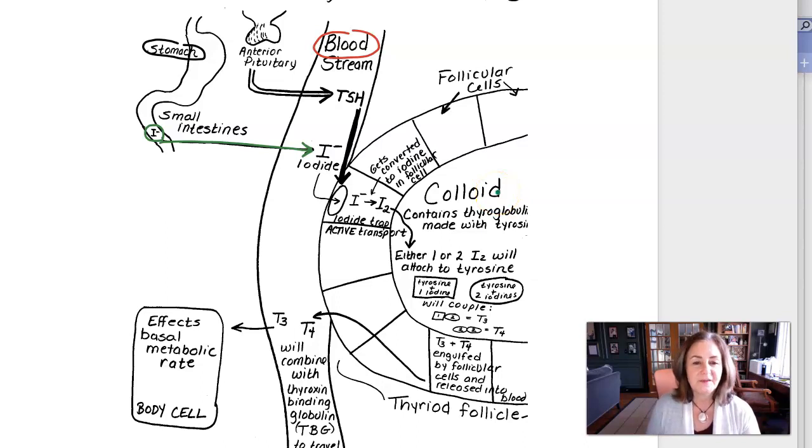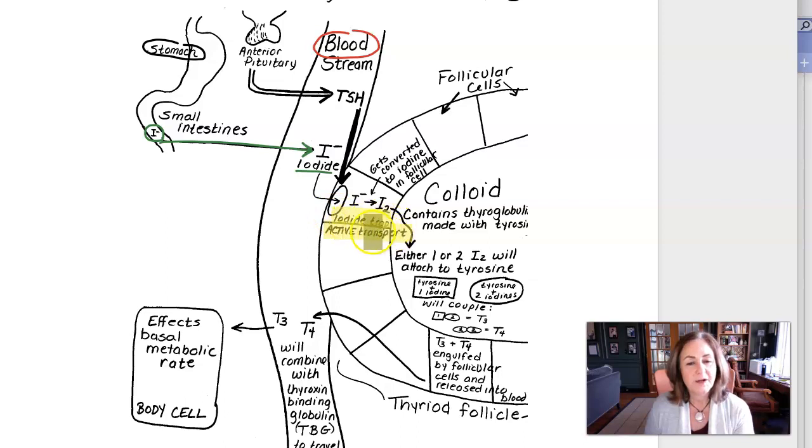So the way this works is that when we absorb iodine from our dietary intake, at the level of the thyroid, we actually use active transport to bring that iodide in. It's called the iodide trap.